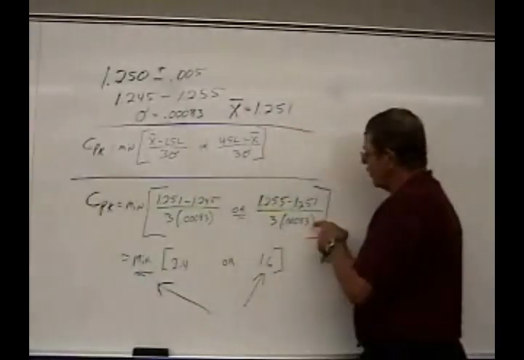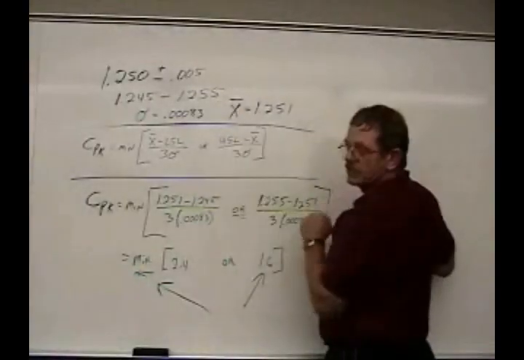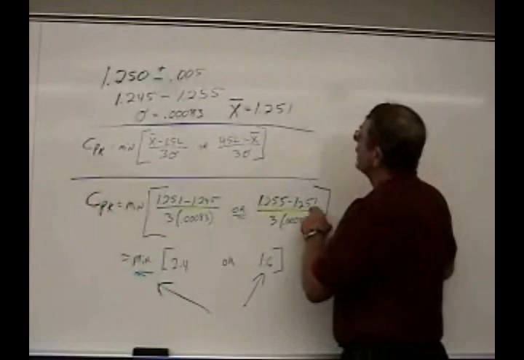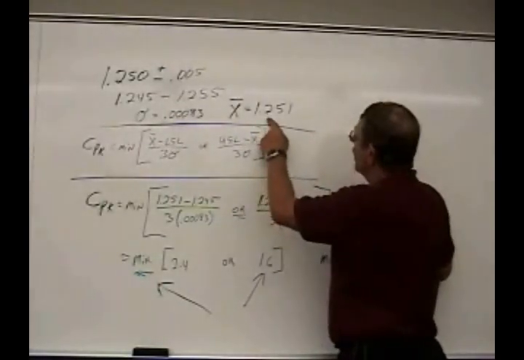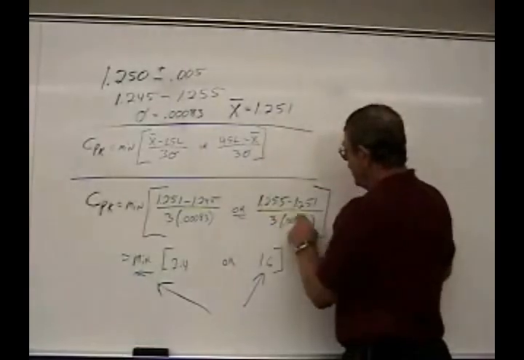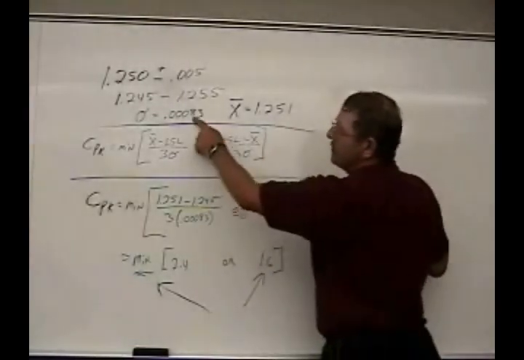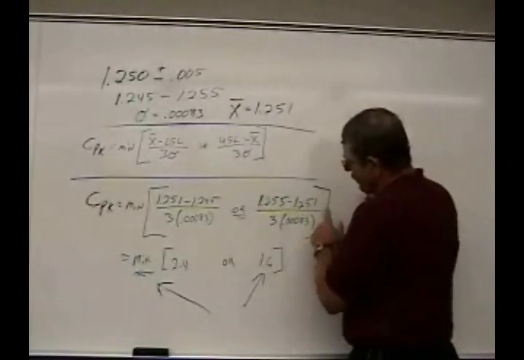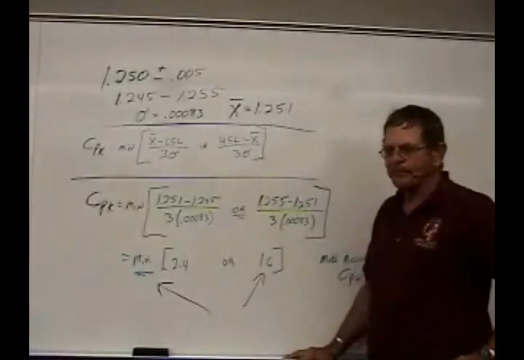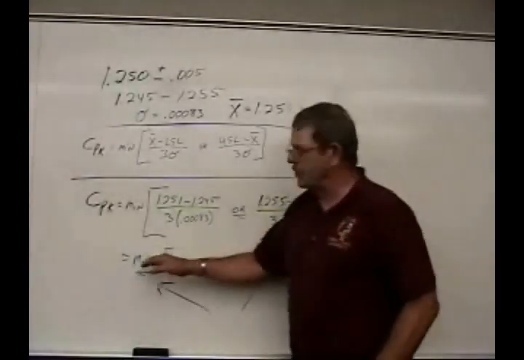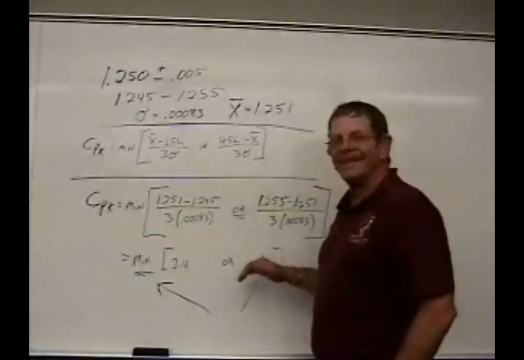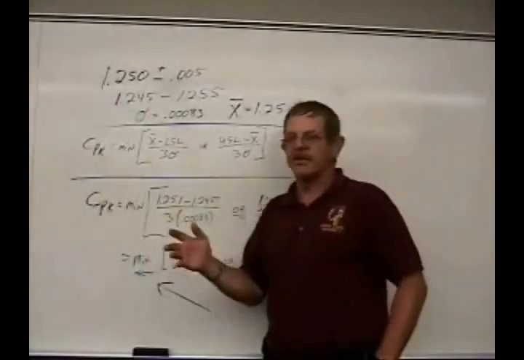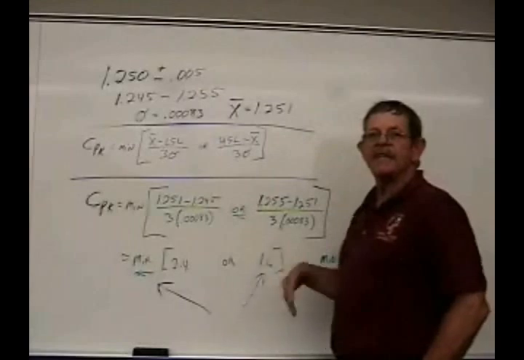So you also have to look at the upper spec limit, which in this case is 1.255, minus the X bar number, which is 1.251, divided by 3 times sigma, again the same number, and you do the math and you get 1.6. So you have to choose the minimum, the lower. The reason is, again, this is the least capable of the parts that were measured, and that's what you want to go by.